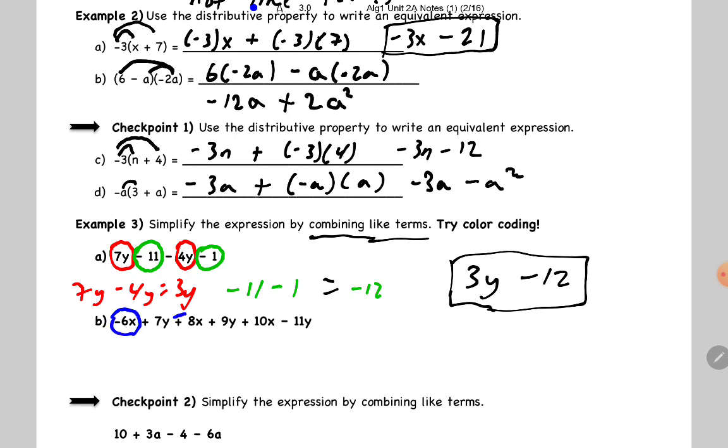I have positive 8x. I have a plus 10x. Okay. So I have negative 6x plus 8x plus 10x. So negative 6 plus 8 is positive 2. Plus another 10 is 12x.